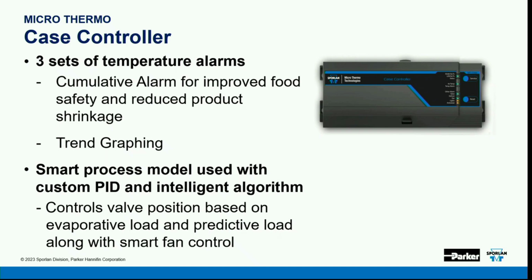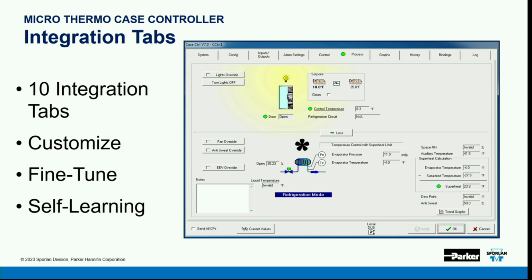Okay? The 3 alarms are built into the system, and these are customized. When you start any node up, is it a coffin case? Is it a multi-deck? Is it a freezer? You put that information in because the algorithms are going to be different depending upon what type of case you're controlling. There's 10 integration tabs at the top. It allows you to completely fine-tune the store.